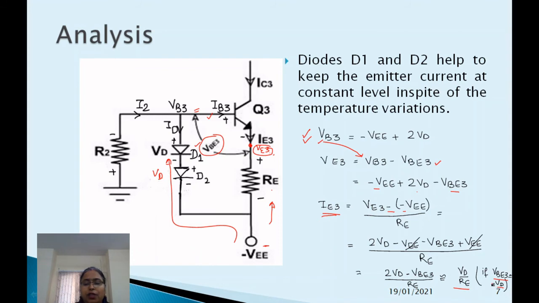This is the assumption we are making. So one VD is cancelled out with VBE3 and we are left with IE3 equal to VD, the voltage across those diodes, divided by the emitter resistance.